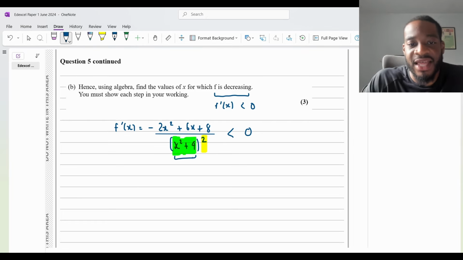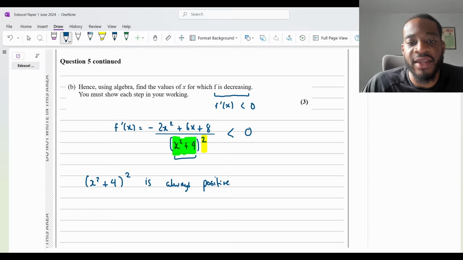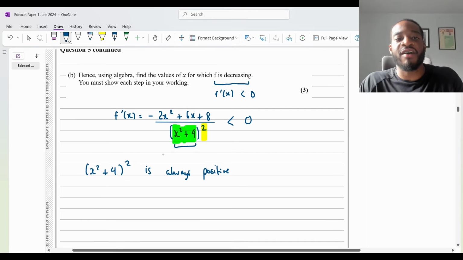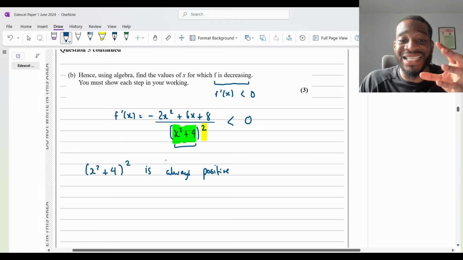But I'm saying that to say that this denominator here is always positive. I'm going to write here x squared plus 4, all squared, is always positive. The reason why I'm writing that is because I want to figure out the values of x for which this overall fraction is decreasing, is negative, right?